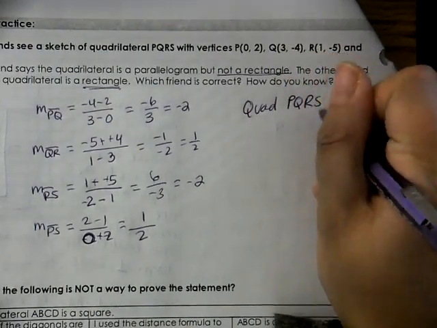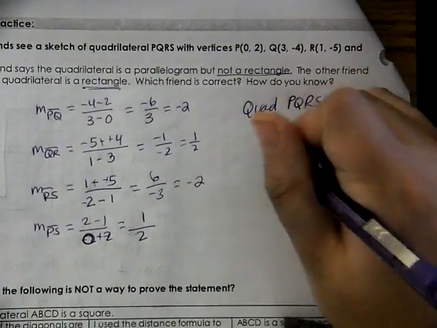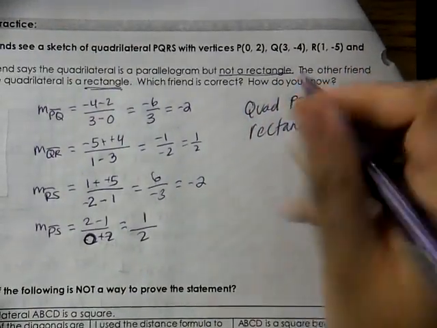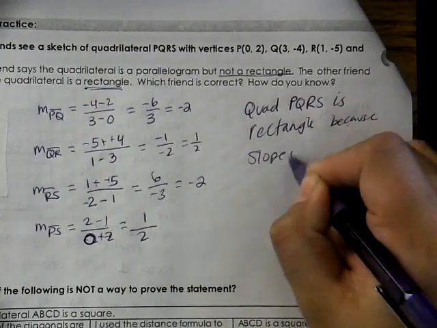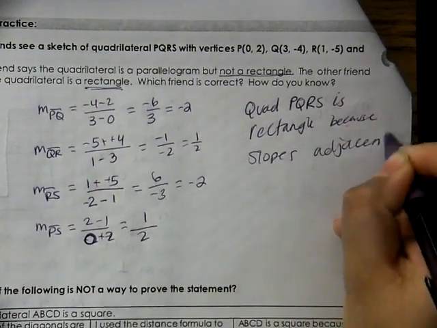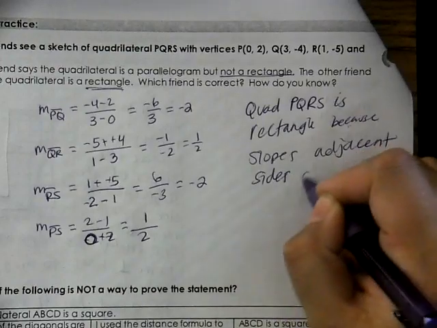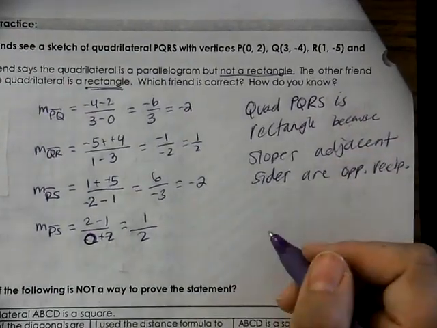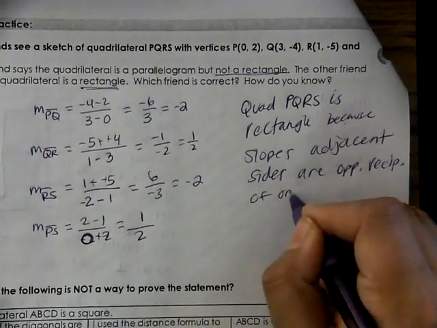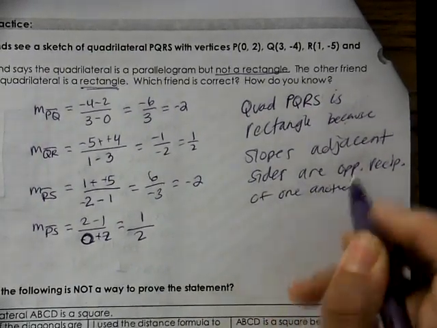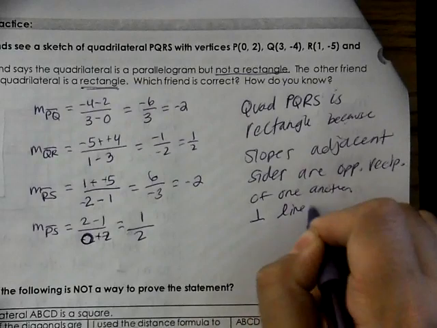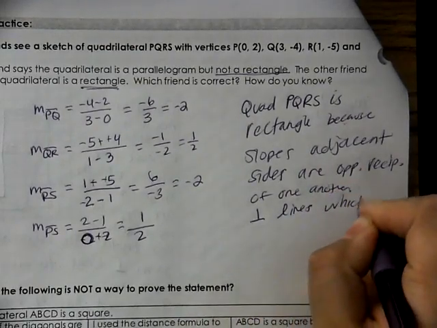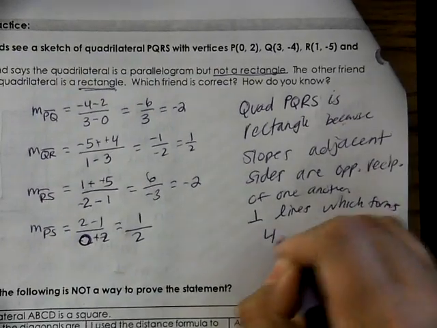Quadrilateral PQRS is a rectangle because the slopes of the adjacent sides are opposite reciprocals of one another, and therefore perpendicular lines or segments, which forms 4 right angles.